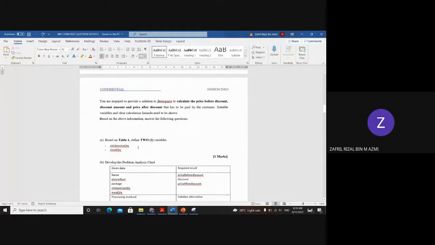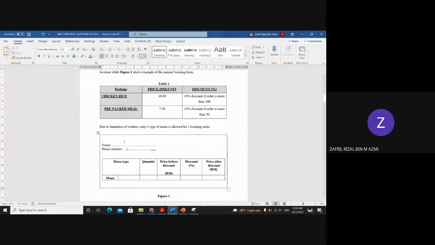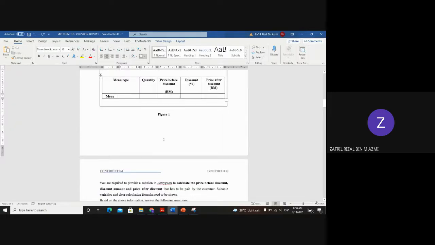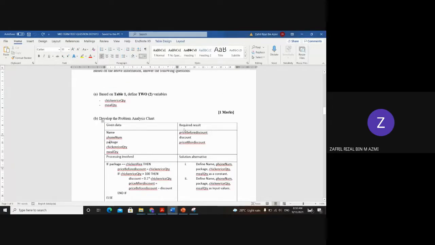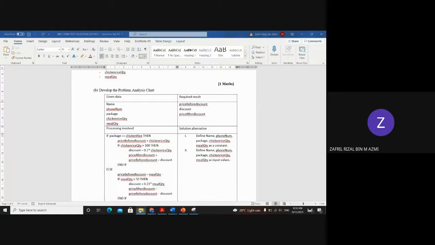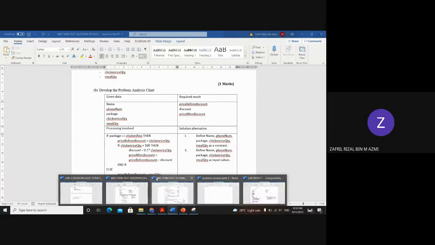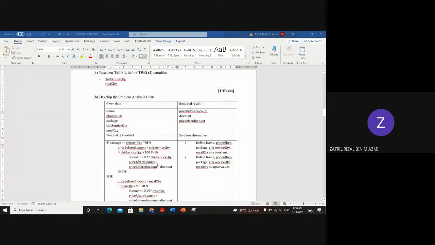Then the user needs to enter the menu, menu as in the general menu. This is another example, this is the correct one. Whose is this? Is this yours, Nazrin? No.